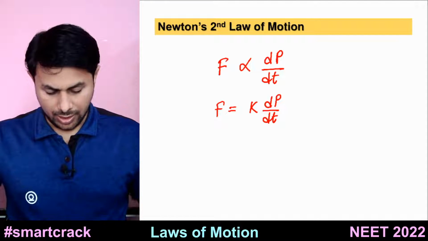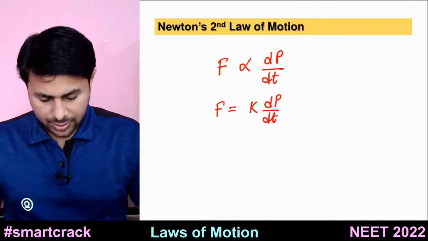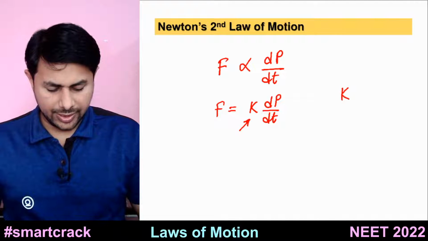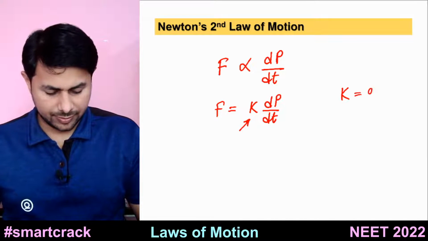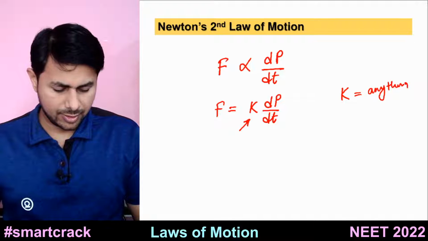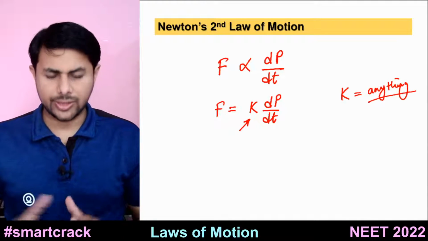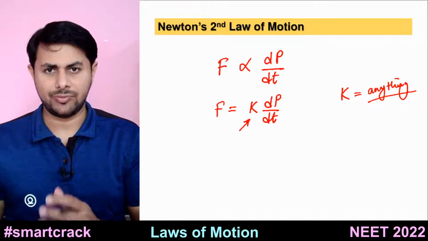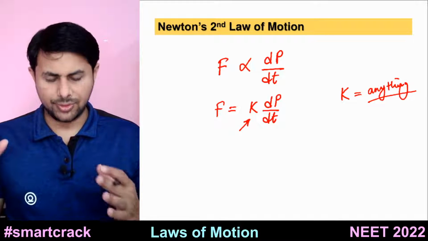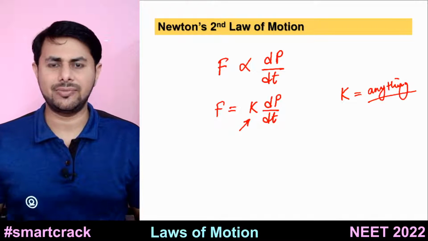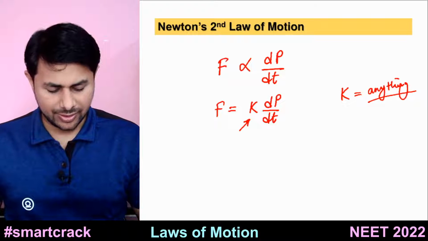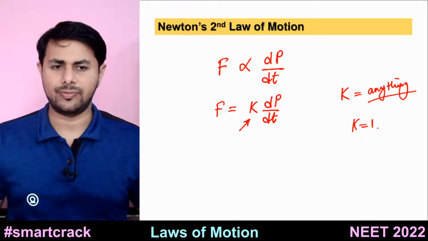Now this constant k can be anything. And because Newton's laws were being discovered at the time, physicists kept things simple and kept this constant k equal to 1.